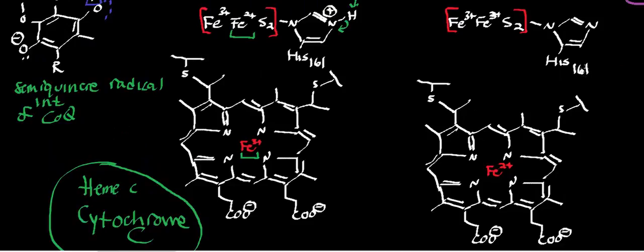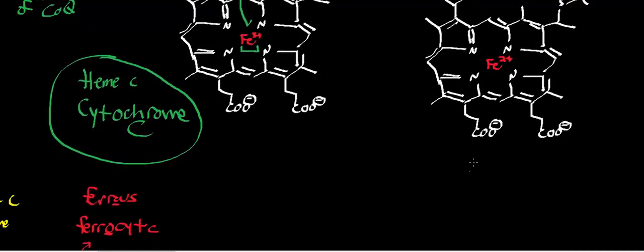Now cytochrome c will come and attach itself to this enzyme non-covalently, and one of the electrons from this iron of the Rieske iron-sulfur center is going to be donated ultimately onto this iron in the 3+ state. Of course, if you have iron in the 3+ state and it receives an electron, your heme C is now going to be in the 2+ state. So now cytochrome c got reduced.